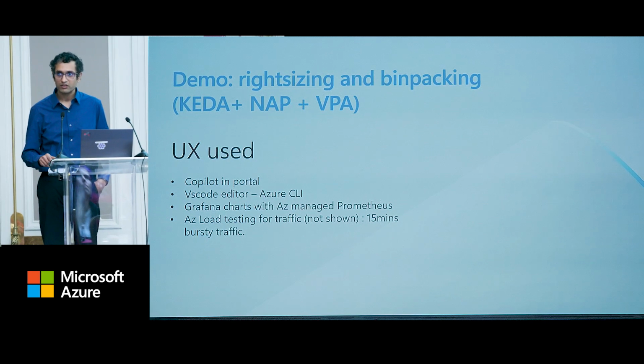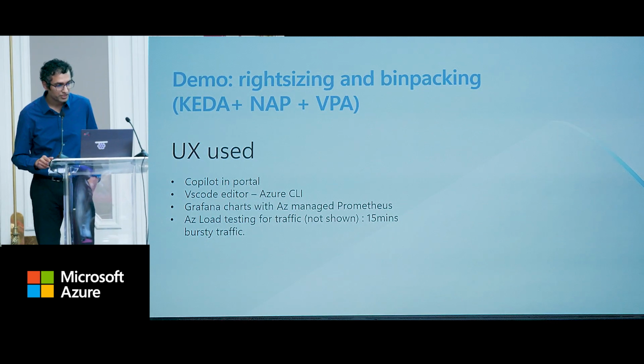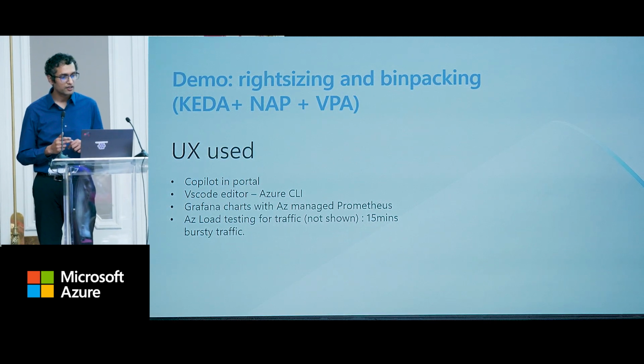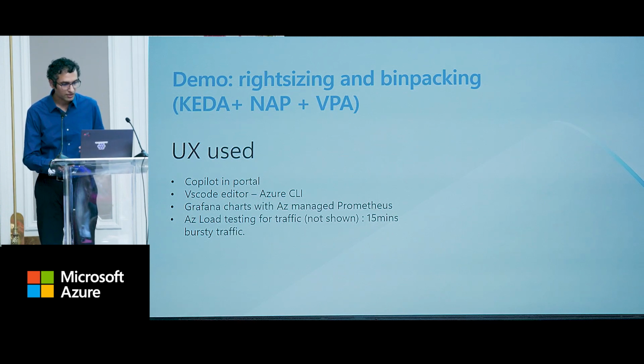So I'll be using that with Azure Managed Prometheus. There's also some load testing behind the scenes that you will see in the Grafana charts. It's not really shown, but you can see it in action as we introduce a bursty traffic to go along with the scaling demo. So with that, let me switch to the demo.